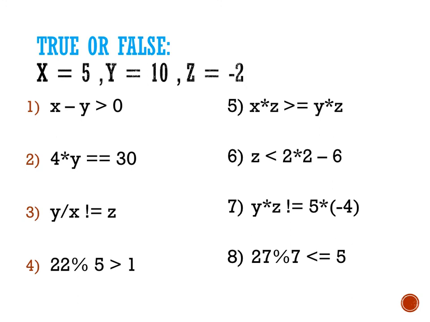A couple of things to pay close attention to, really think through, what does this sign right here mean? Same thing for number 7. What do these actually mean in computer science, and how is that going to affect your final answer? So you're going to evaluate each statement, pretending that you are a computer, reading that statement, decide whether that statement is true or false, and then you can move to the next slide and check your answers.